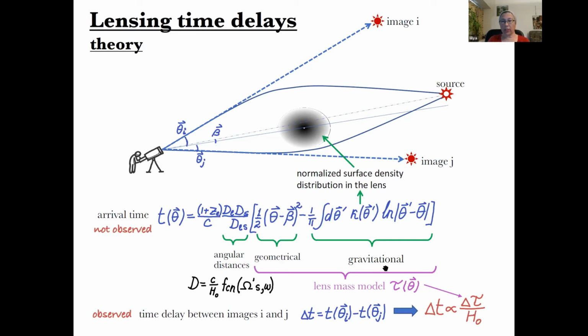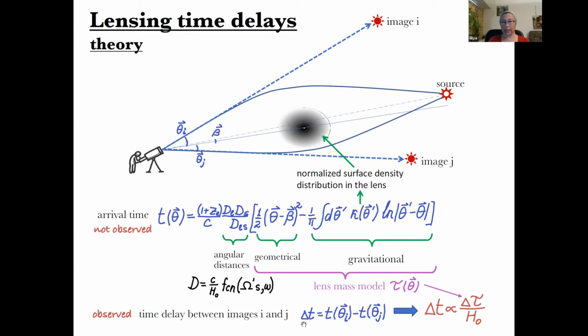So the geometrical and the gravitational part combined gives you the lens model prediction of the arrival time. I'll just call it tau. This arrival time is not observed directly. What is observed is the time delay between images i and j, any 2 images.